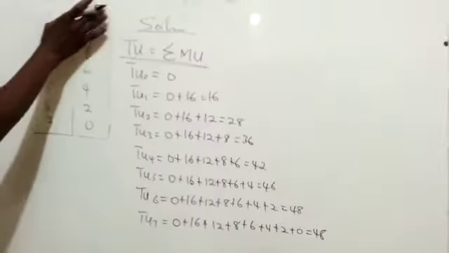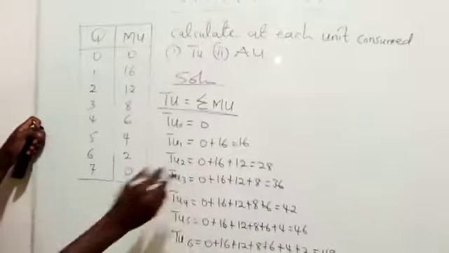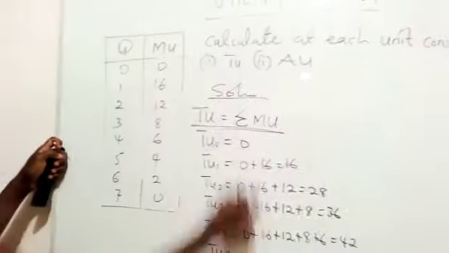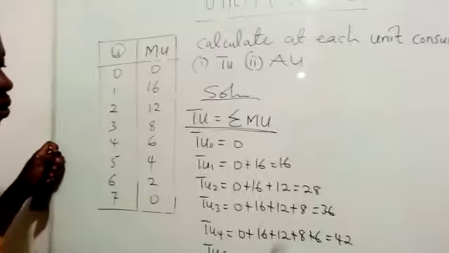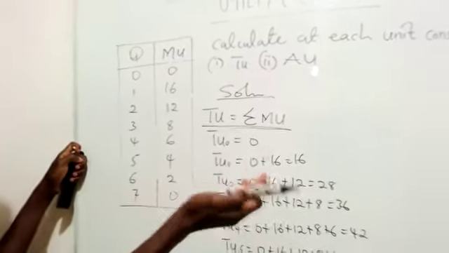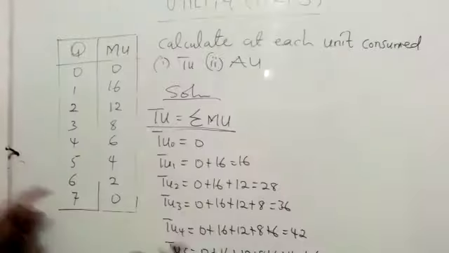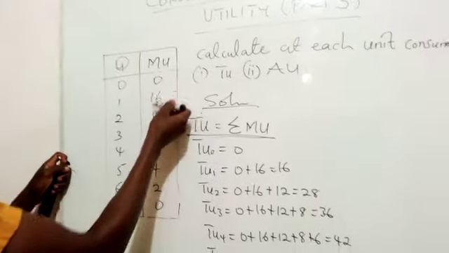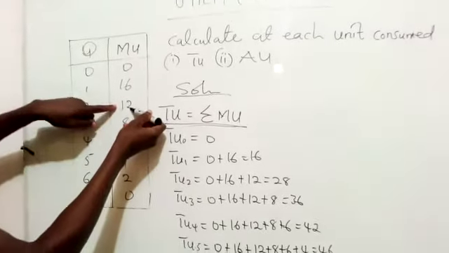When you are summing up this, what you are doing is that you are only repeating all these values. So in the shortest way, or to make it simple, when you take this plus this is 28, right?